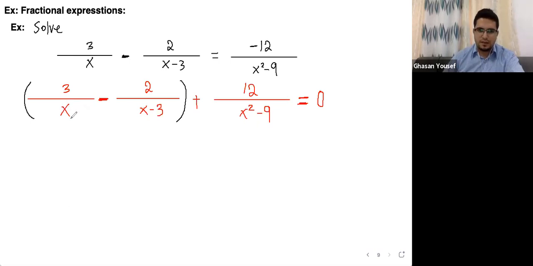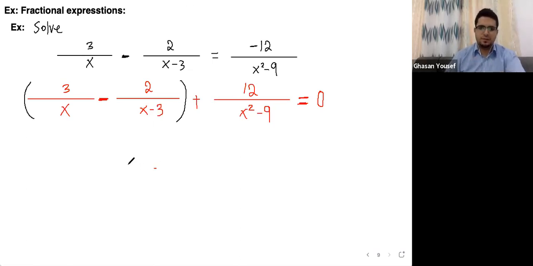But here, the denominator is simple, is over x, and here we have over x minus 3. So I prefer the cross multiply. We don't have to find the least common denominator. We can find the least common denominator when the denominator is harder. We can factor it, like this one, for example. So I'm going to do cross multiply for both sides. 3 times this minus x times this over this times this, the denominator x times x minus 3.